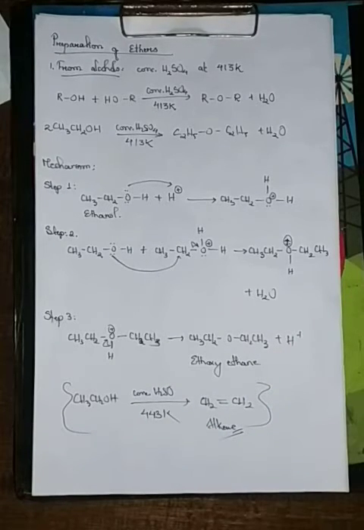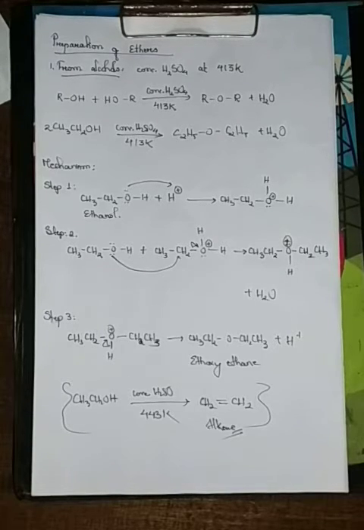Now the second preparation method is the preparation of ethers by Williamson synthesis. That is also known as the preparation of ethers from haloalkanes, or Williamson's ether synthesis. Here, haloalkanes, when heated with sodium or potassium alkoxide, give ethers.